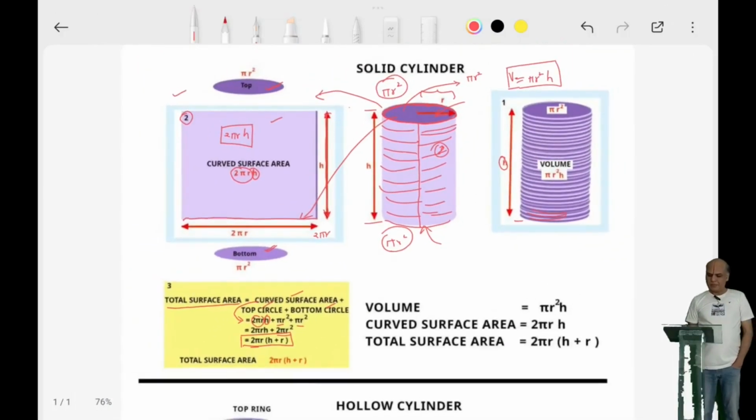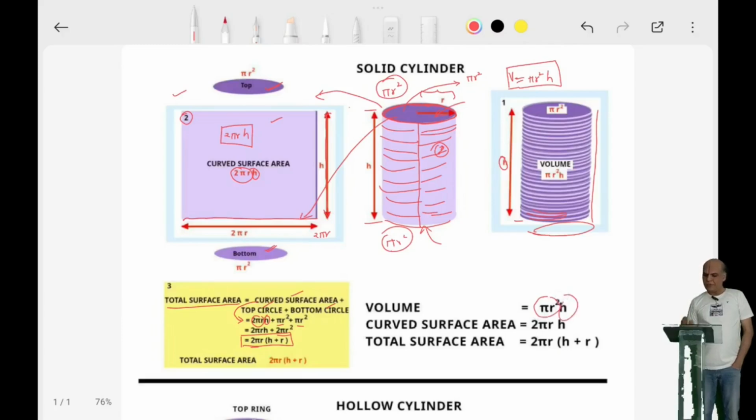So we need to remember three formulae in a solid cylinder. One is volume, which is given as the area of the bottom circle or top circle into height, that is pi r square into h. That gives you volume.